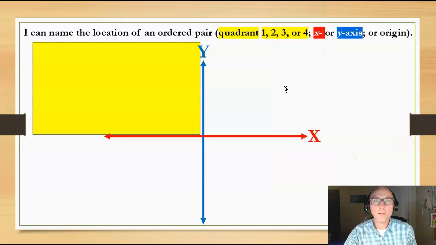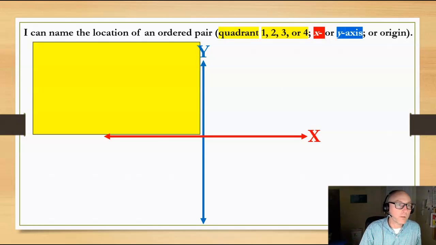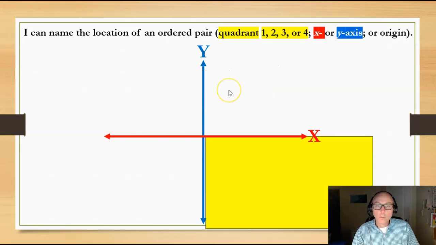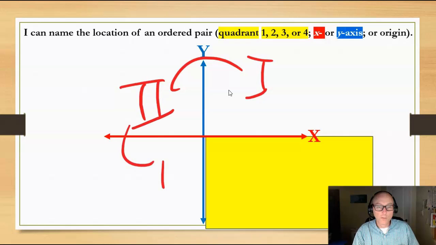All right. Welcome back. How did we do on the quick check? This is quadrant 1, rock around the clock, counterclockwise. Quadrant 2. Quadrant 1, rock around the clock. 2, rock around the clock. 3, rock around the clock. 4.